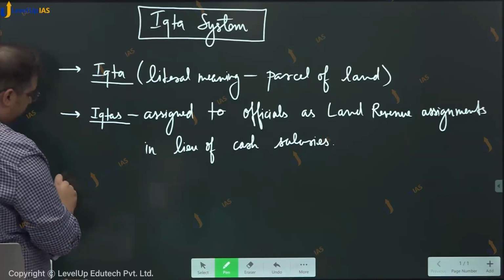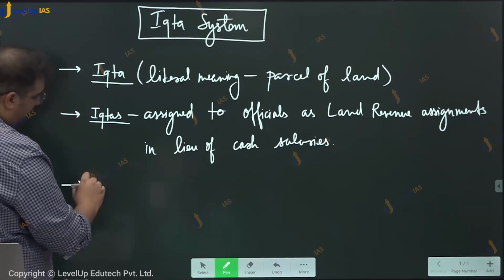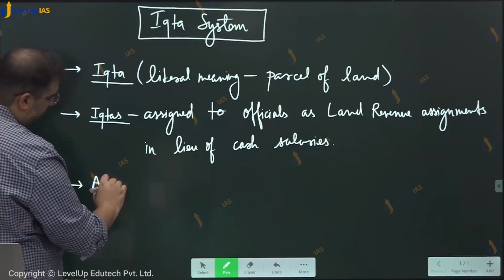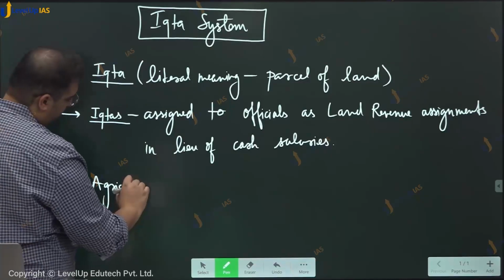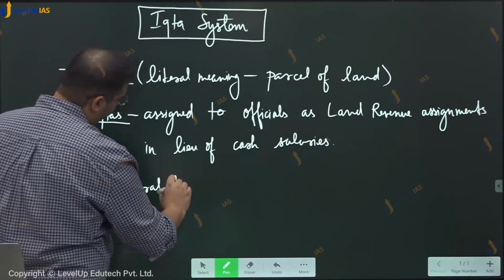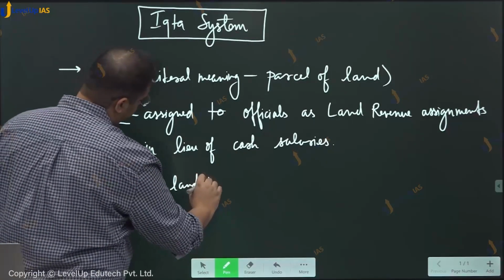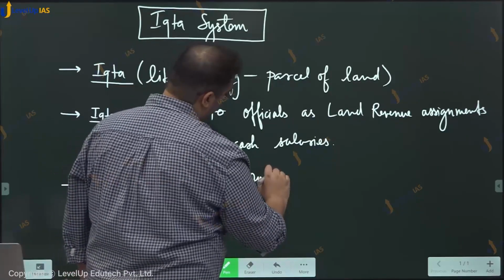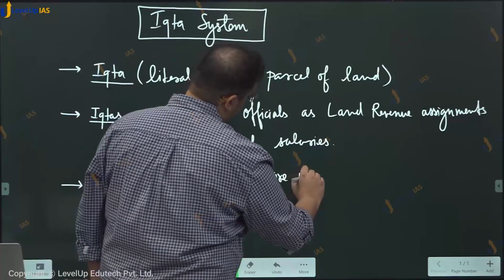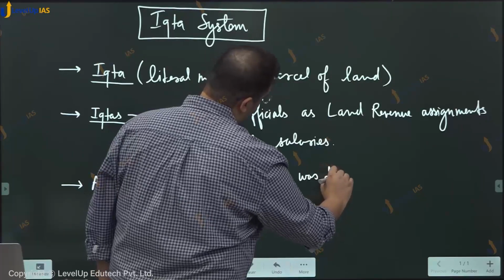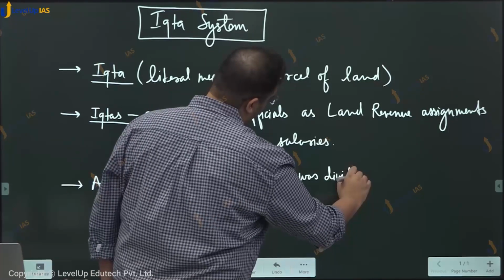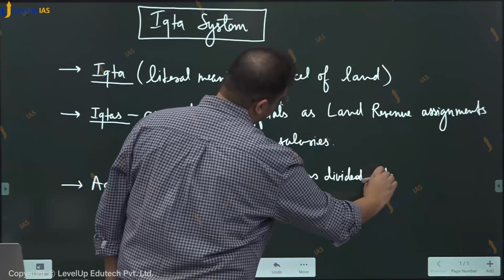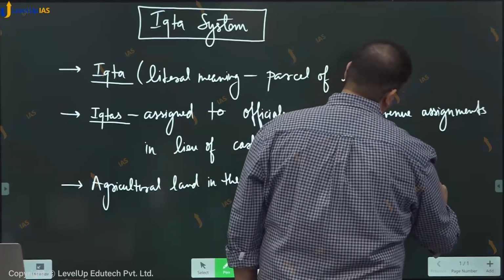For this purpose, the entire agricultural land in the empire was divided into two portions.